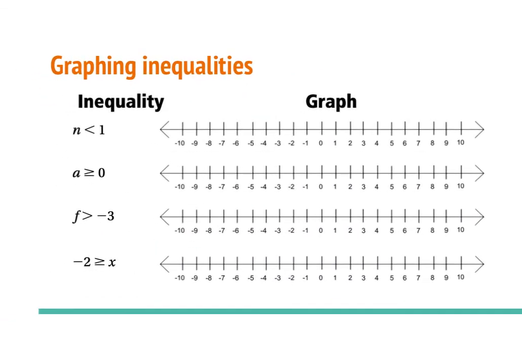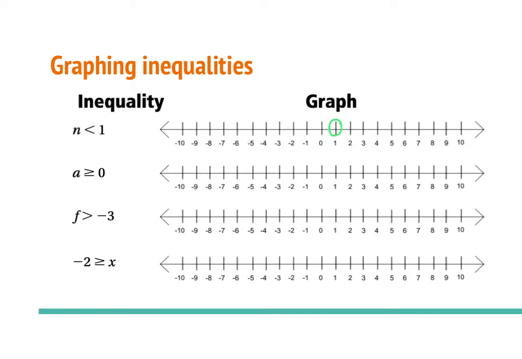How do we graph inequalities? Okay, so for graphing inequalities, so n less than 1. So let's find 1. Now, whenever it is less than or greater than, but not equal to, it's going to be an open dot. So we're going to draw a circle instead of a closed dot, okay?